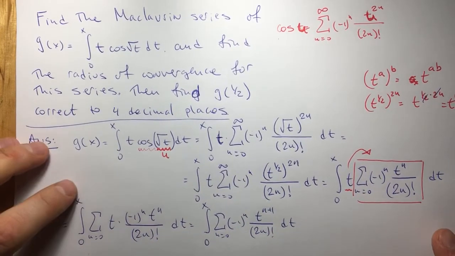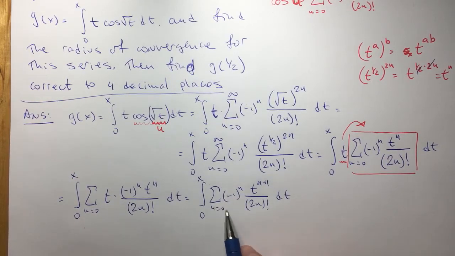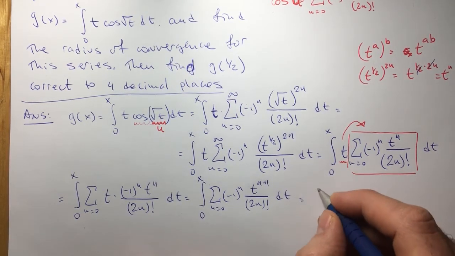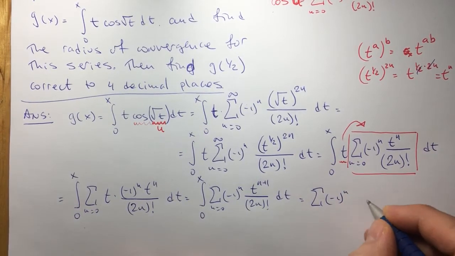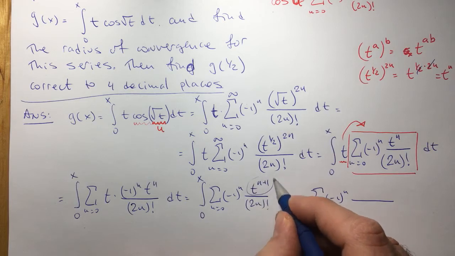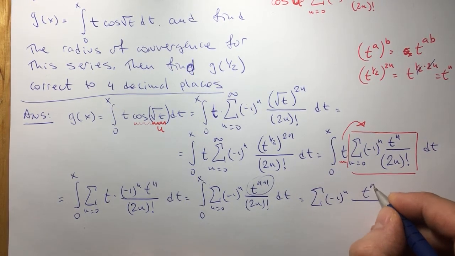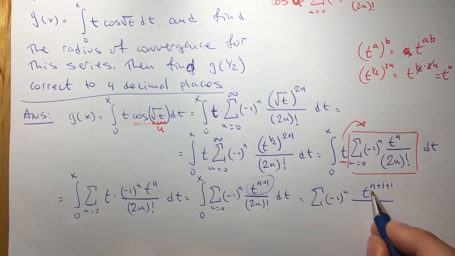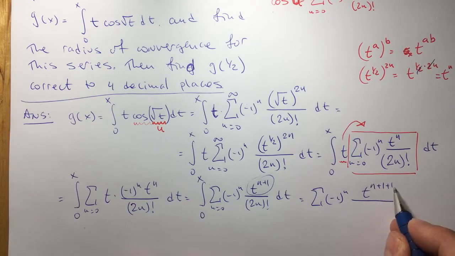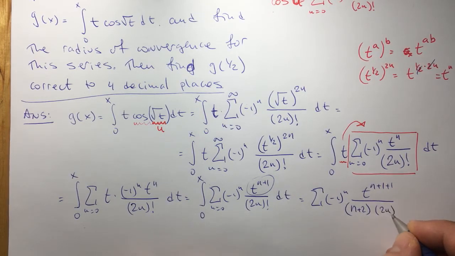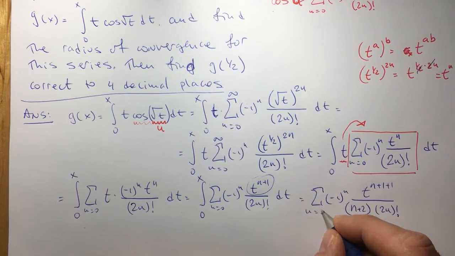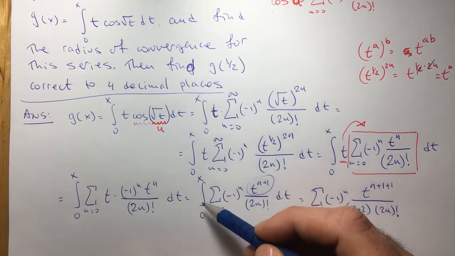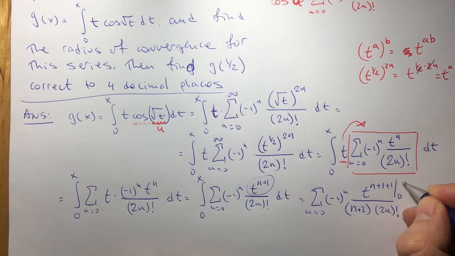Now again, I have to find the integral of this expression, but this expression is just a polynomial, so finding the integral of a polynomial is extremely easy. So this is the sum, negative 1 to the power of n. I'm integrating with respect to t, so I'm going to augment the exponent by 1. n plus 1 plus 1 is n plus 2, and I divide by the same thing, n plus 2, times 2n factorial. But be careful, this is a definite integral, so I have to evaluate this from 0 to x.